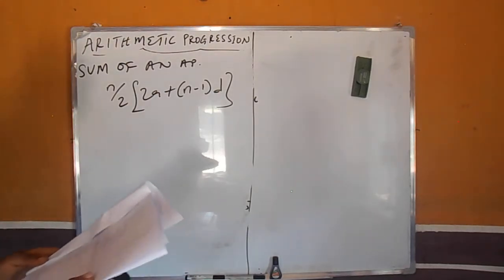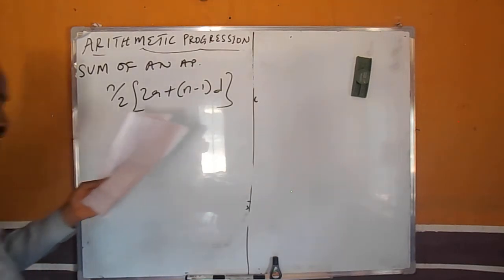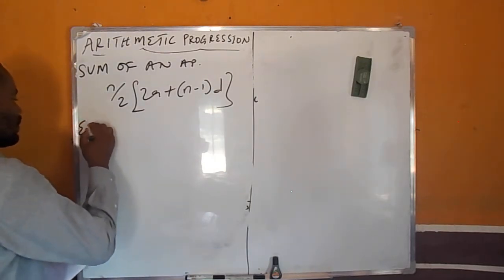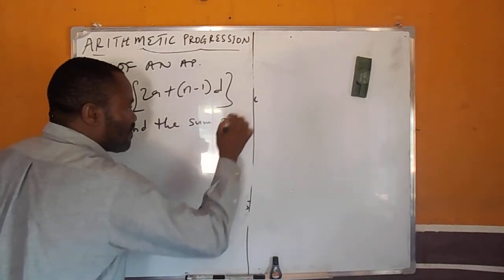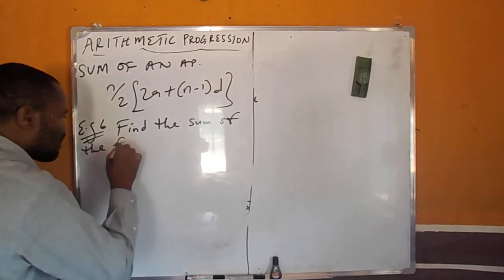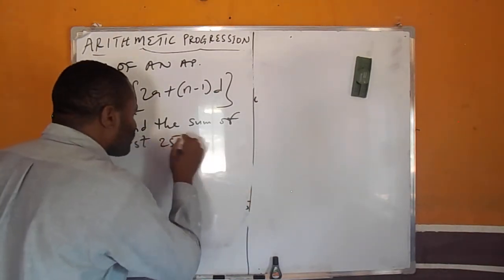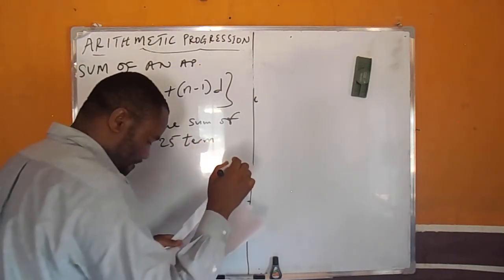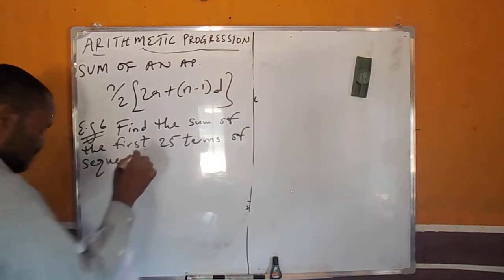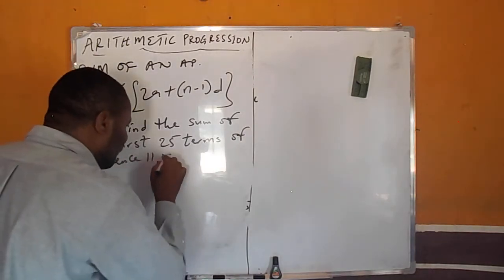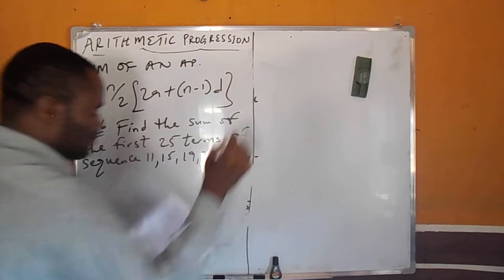Now let us pick a question on sum of an AP. Find the sum of the first 25 terms of the sequence 11, 15, 19, 23, 27, and so on.